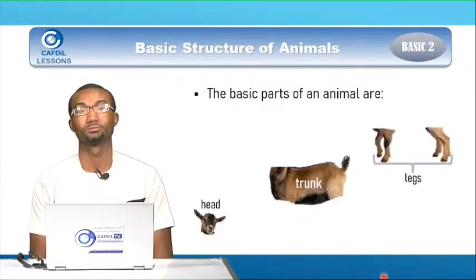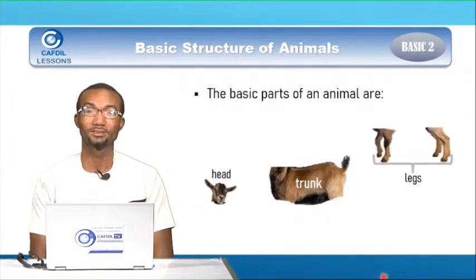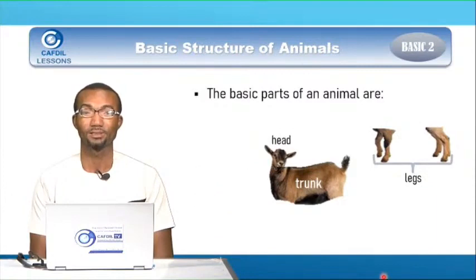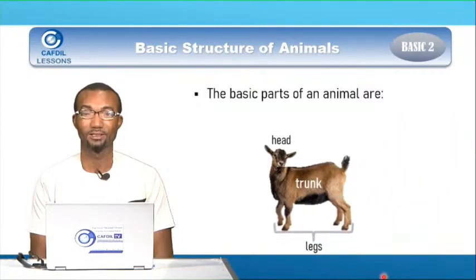Let's do it again. I'll put the head on the trunk. Still the animal is incomplete. The animal cannot walk because this animal is without legs. If I bring the legs here, I will get the full animal. Good. So the basic parts of an animal: we have the head, the trunk, which is the main body of the animal, and then limbs, also known as legs.